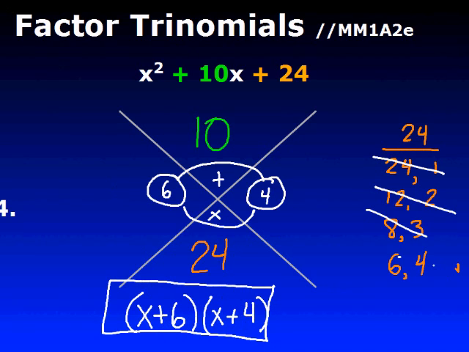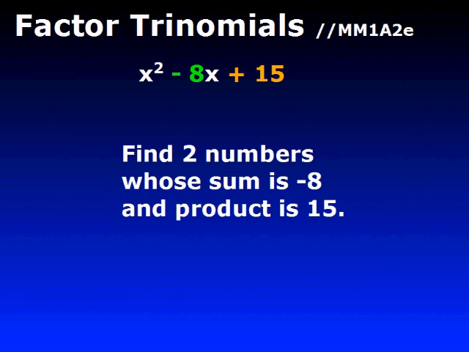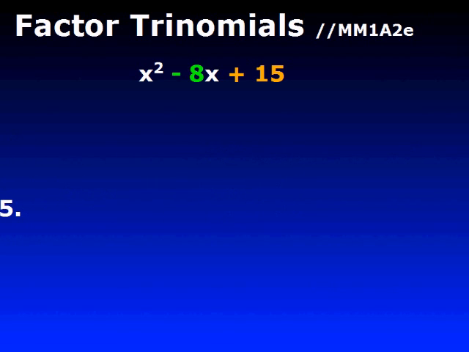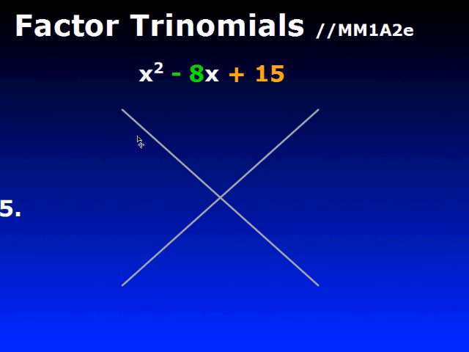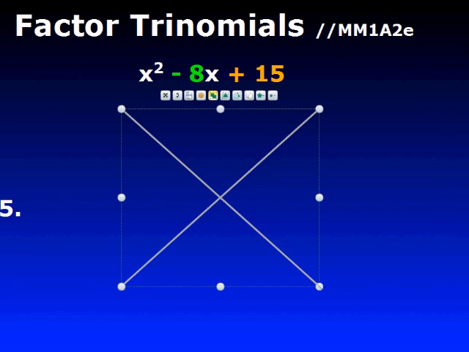I have one final example. Let's get tricky and try one with some subtraction in it. We need to find two numbers whose sum is negative 8 and whose product is positive 15. Let's bring in my x and fill in the values.